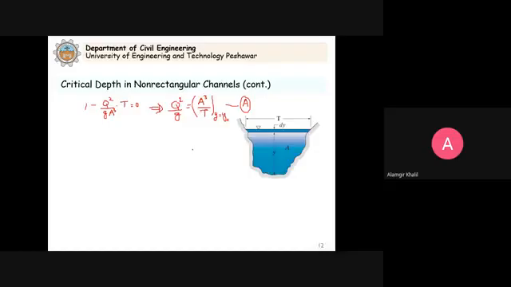Clear? Now for Vc, the critical velocity, the discharge Q is equal to A into V, so we have Vc into Ac.